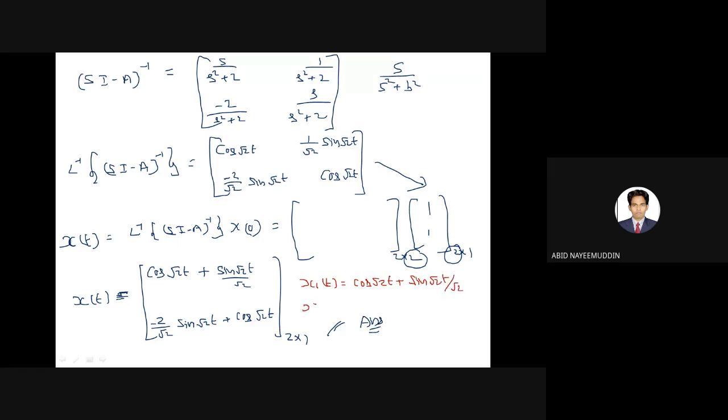And similarly, the second variable x2, since it is a 2 by 2 matrix meaning 2 variables, is minus 2 by root 2 into sine root 2t plus cos root 2t.